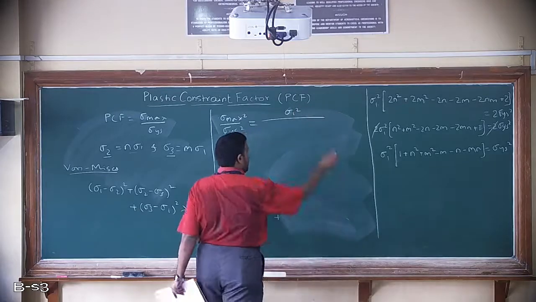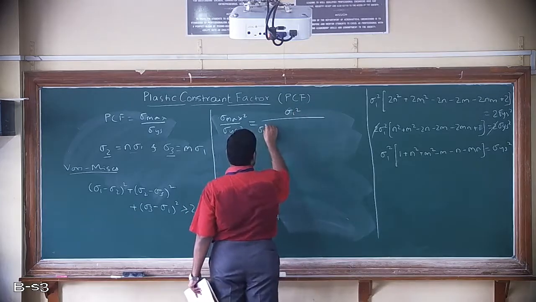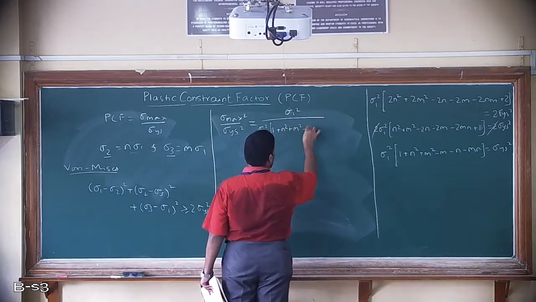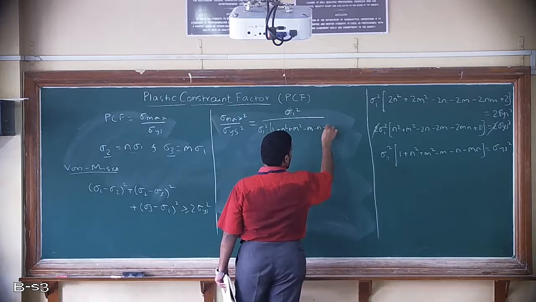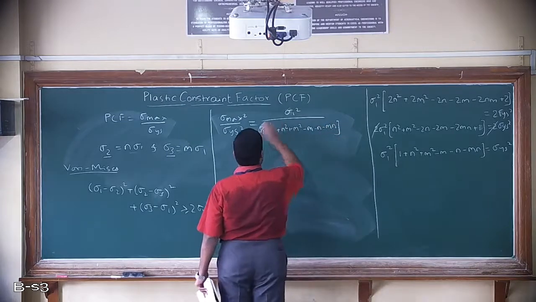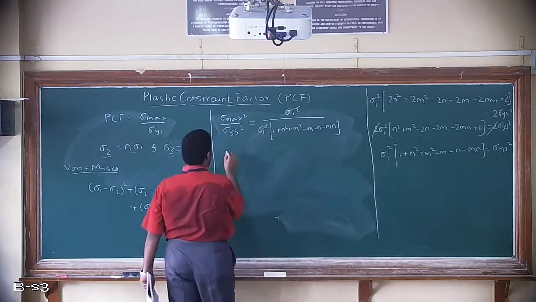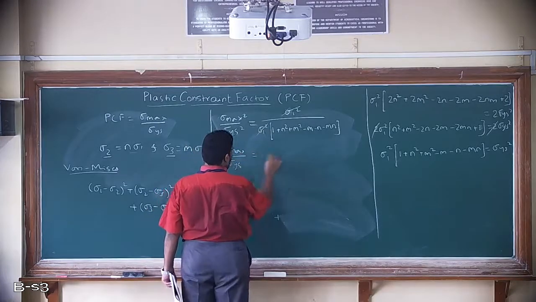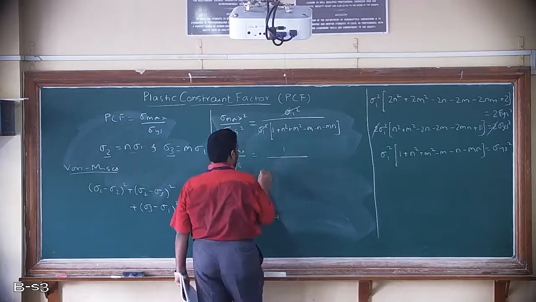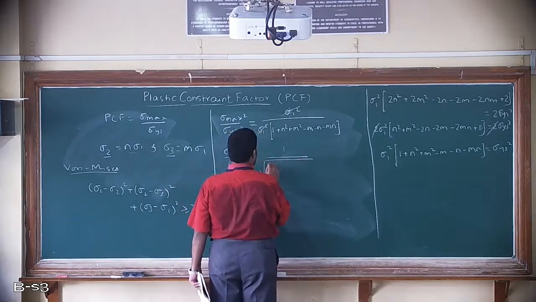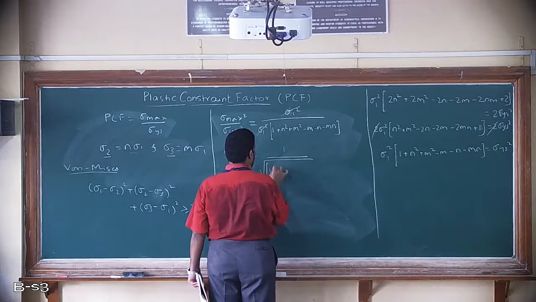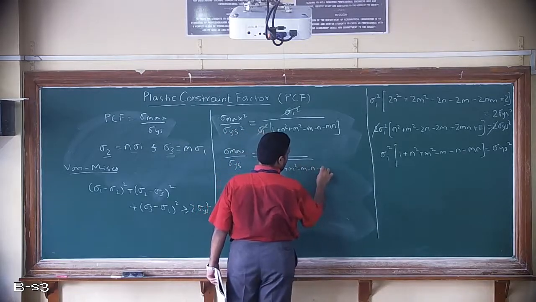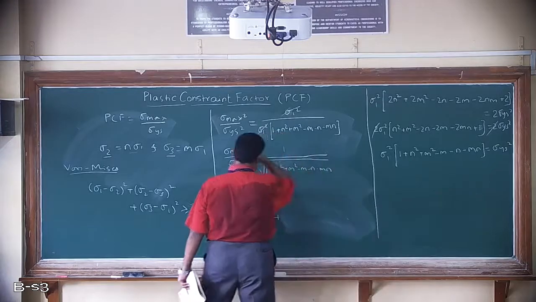So sigma 1 square and sigma ys square is sigma 1 square into 1 plus n square plus m square minus m minus n minus mn. So this square and this one gets cancelled. So ultimately sigma max upon sigma ys will remain as 1 by root of 1 plus n square plus m square minus m minus n minus mn. Clear?